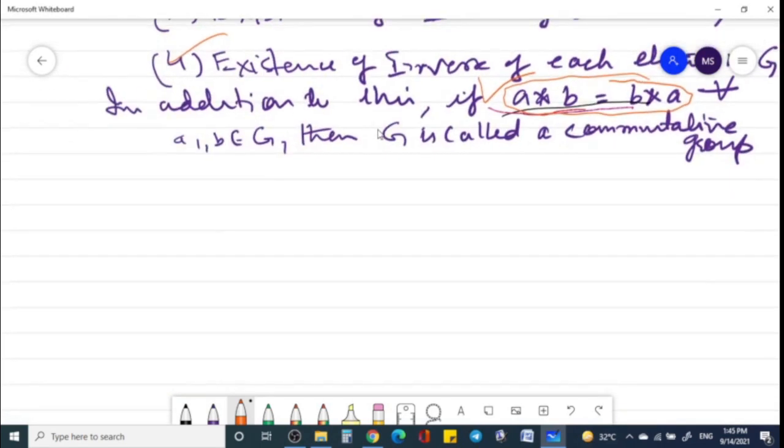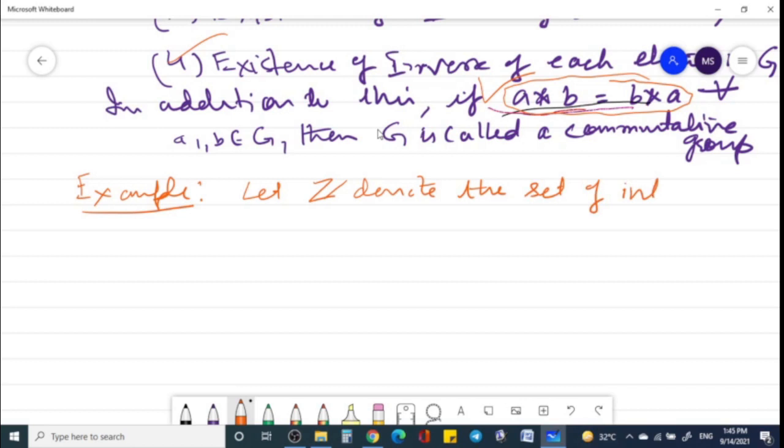Now I give an example of a group. Let Z denote the set of integers, and plus denote the binary operation, the usual addition of numbers.